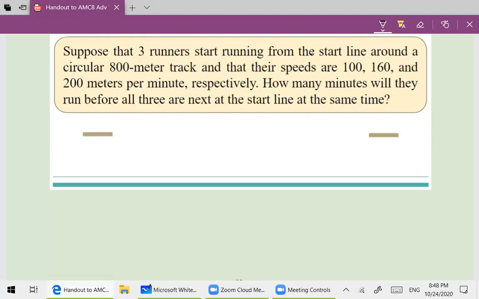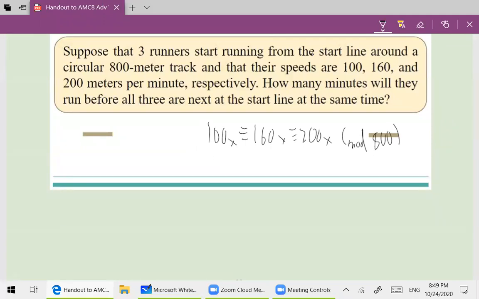Okay, so this problem basically wants us to compute an x such that 100x is congruent to 160x is congruent to 200x mod 800, which is also congruent to 0, but that's not the important part here.